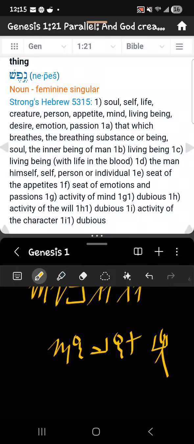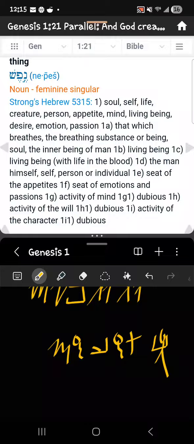Look at the word nefesh here. Soul, self, life, creature, your person, your appetite, your mind, your living being. Like your person, like your thinking rhythm that you're in. You feel me right here? Your person or individual, a person or individual, right? Seat of appetites, seat of emotions and passions, all right?